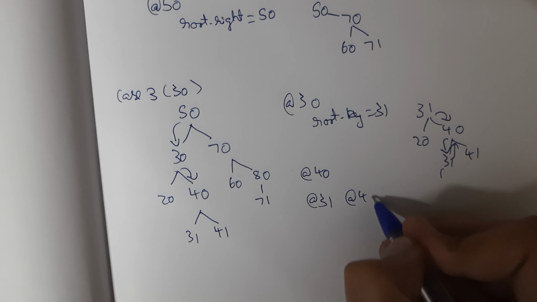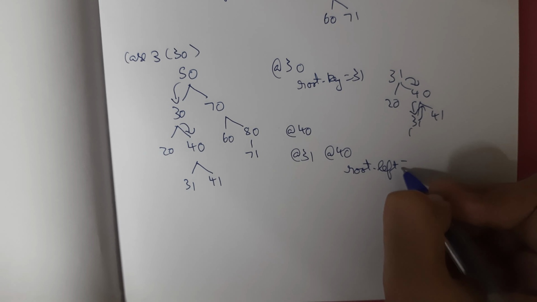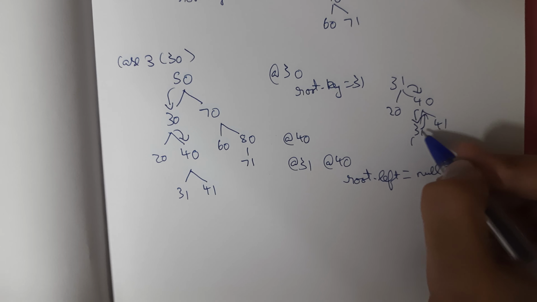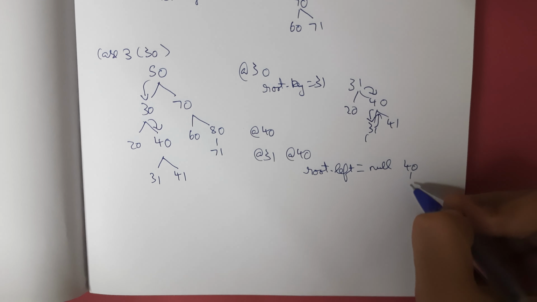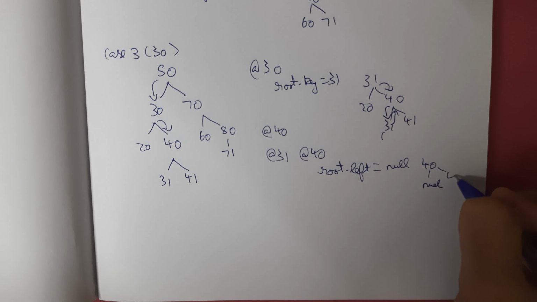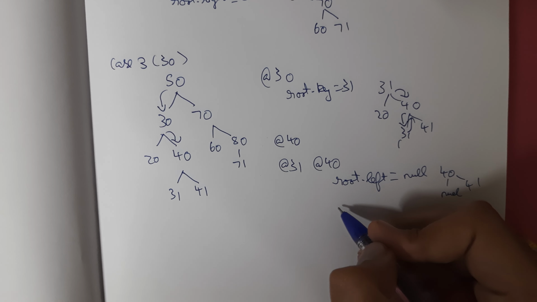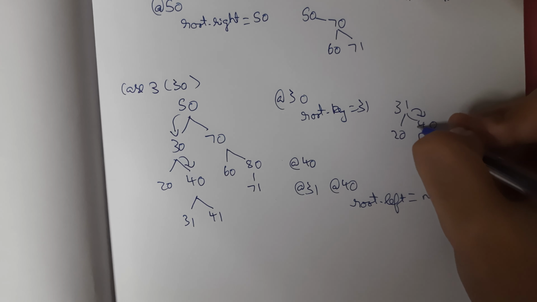So at node 40 we have root.left equal to null, which means that the node 31 here has been completely removed, and 40 will now be pointing directly to null. So 40, null and 41 is how the structure will be, and we return the root directly back to the parent node of 40, which is 31.